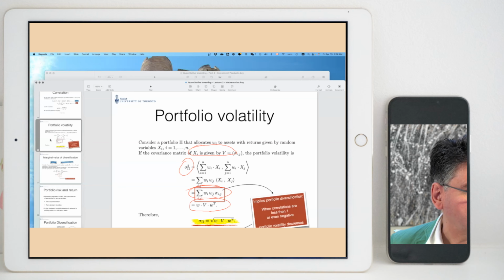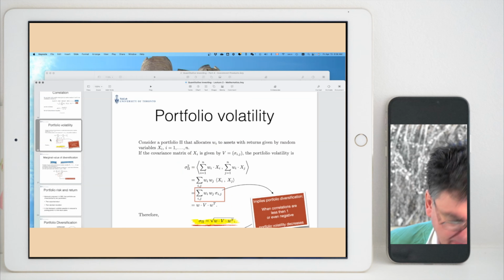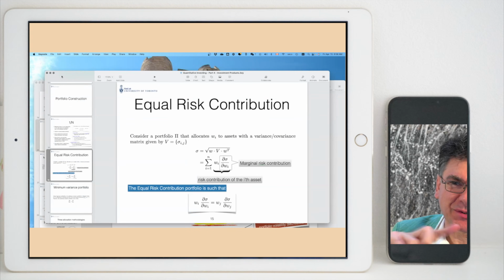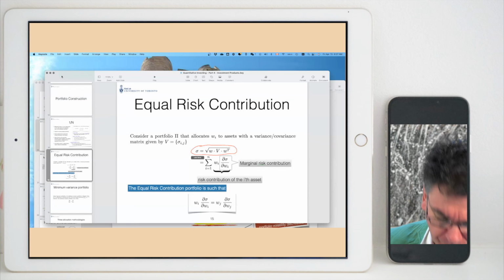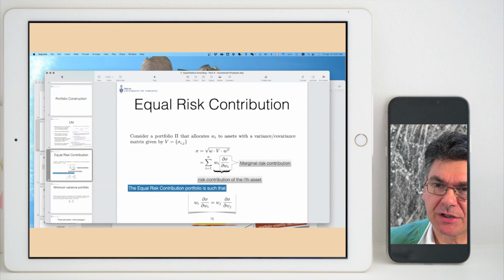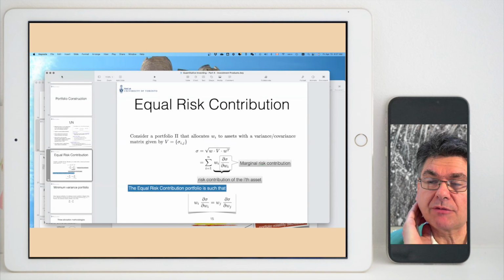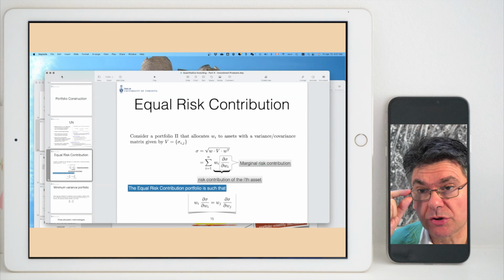So from that perspective, now I go back to today's notes. We're going back between two lecture notes today, okay? And that's the portfolio volatility. Now there is a calculation that I'm going to do, a calculation that requires the use of a partial derivative.